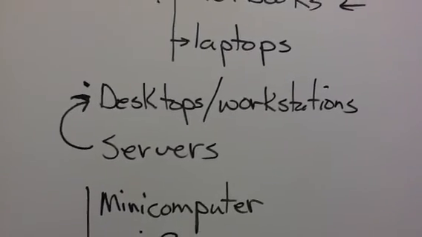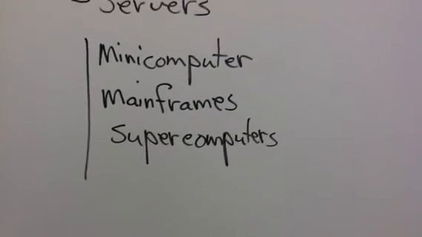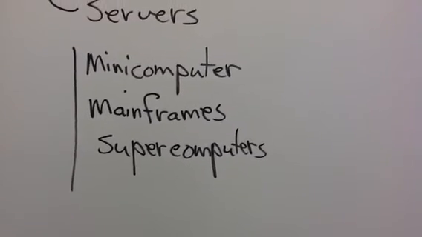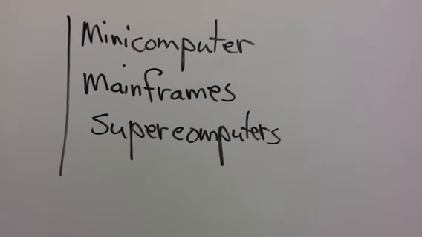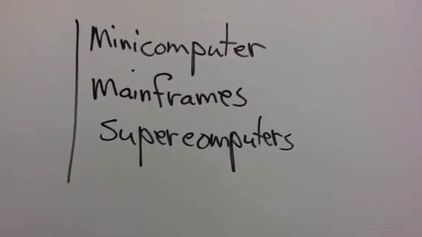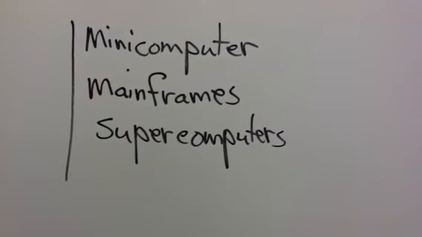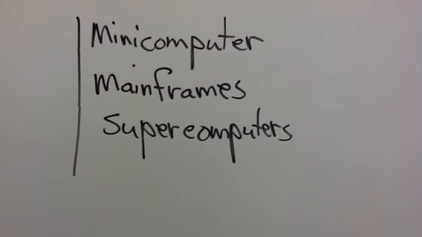Servers are high-end desktops used for people to access. And then we have all these minicomputers, mainframes, and supercomputers. These are all a step up from these. You know, minicomputers can be used in medium to large size companies to do their computing needs, maybe manage their manufacturing and so forth. Mainframes are in big companies.